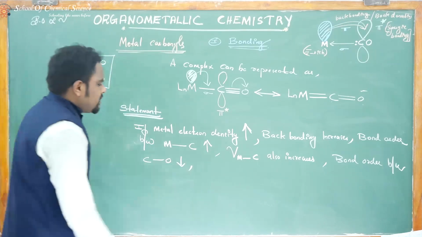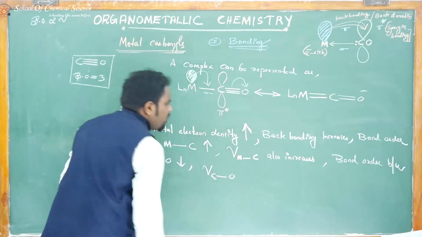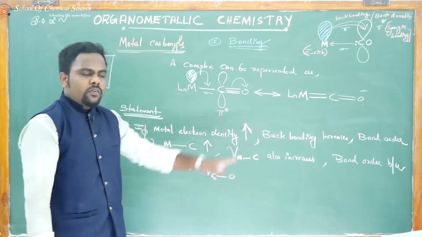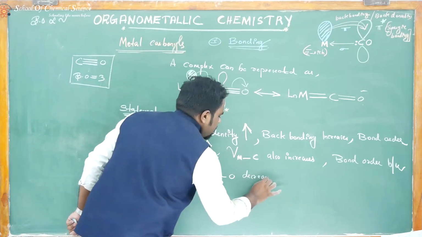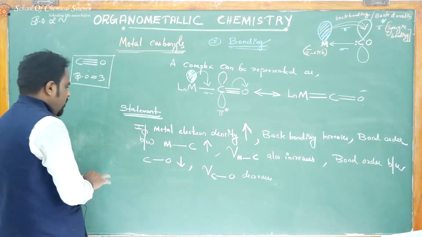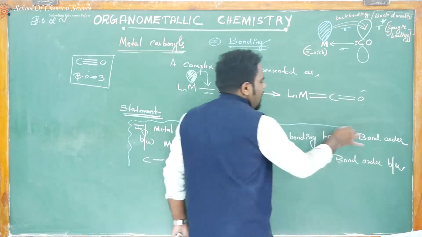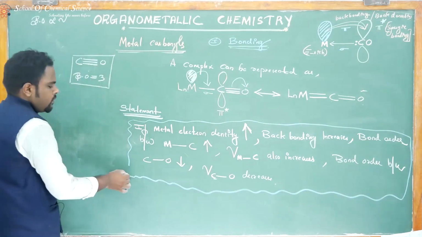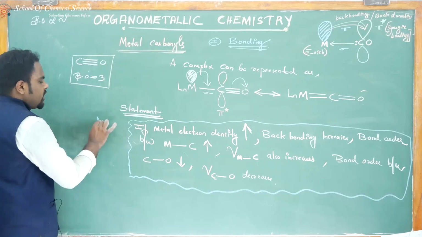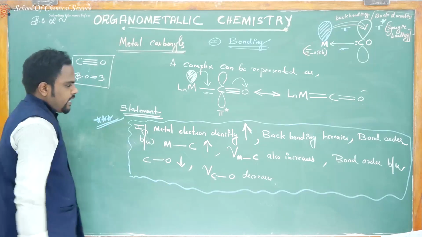When bond order decreases, the stretching frequency of the carbon oxygen bond decreases. This is a very important statement of back bonding and IR stretching data. Put the statement in a box and give as many star marks as you can.